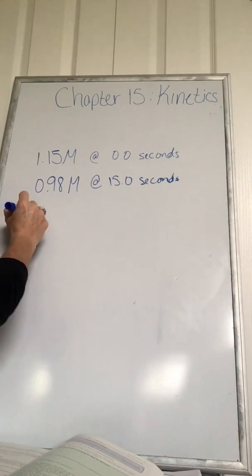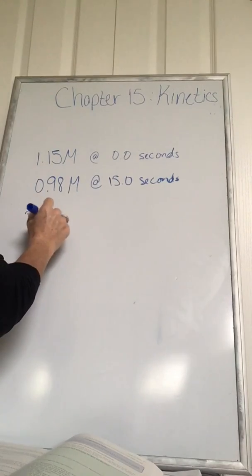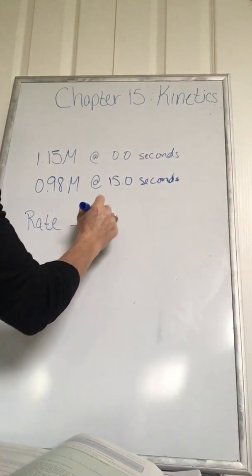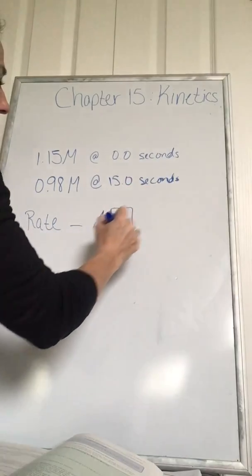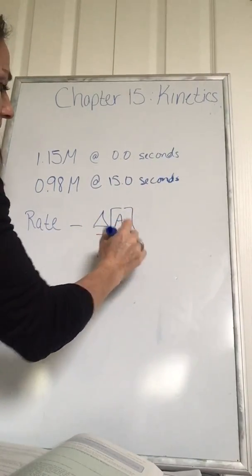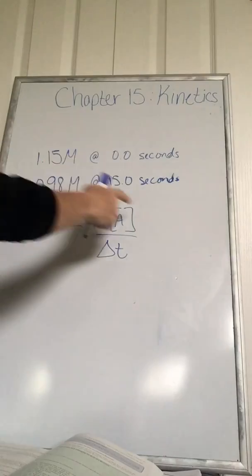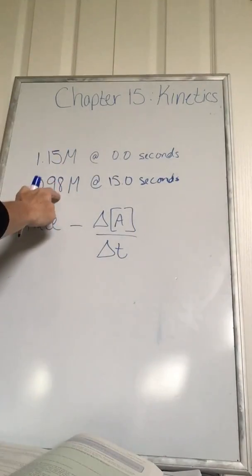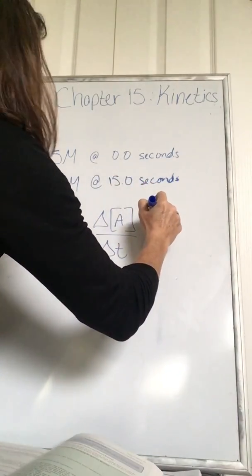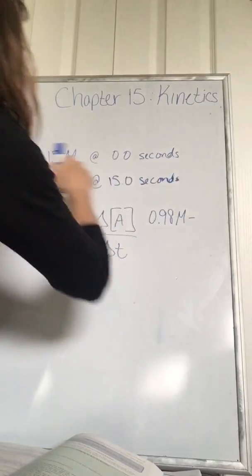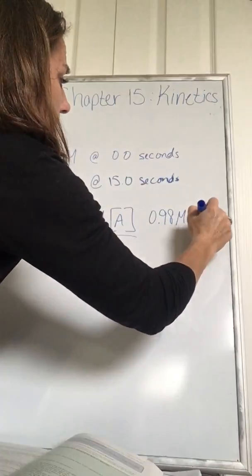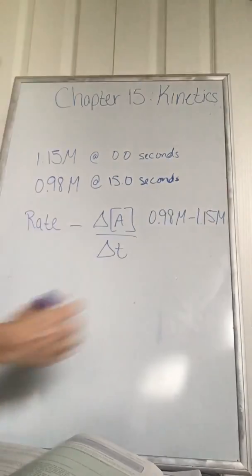So the rate equation that we will use is going to be the minus delta, let's just say A, because we're going to go with that equation. We're just going to write out the generic equation first. All right, so our delta A is going to be our final. Okay, so we have 0.98 molar minus our initial 1.15 molar.